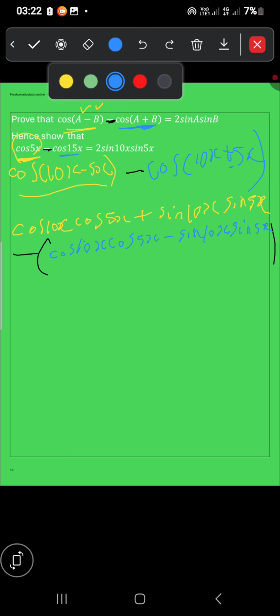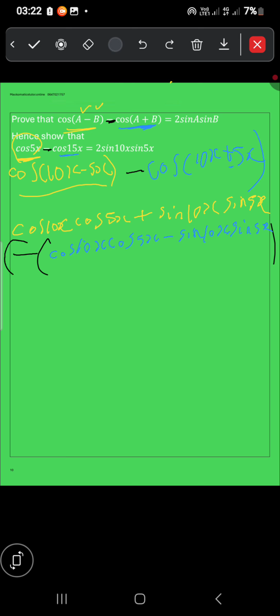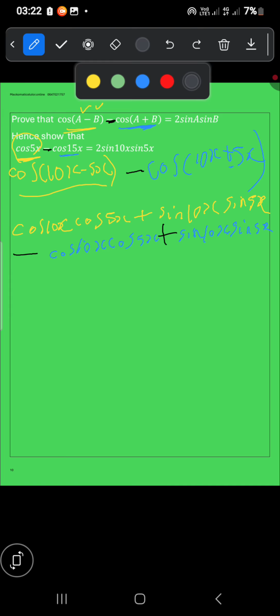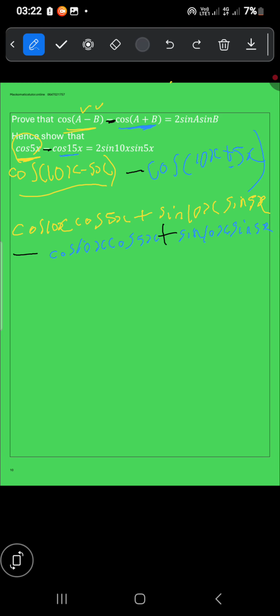Now the negative sign here will change the sign there. The bracket will be removed, then this turns into a positive. Now we realize that this one and this one are like terms.